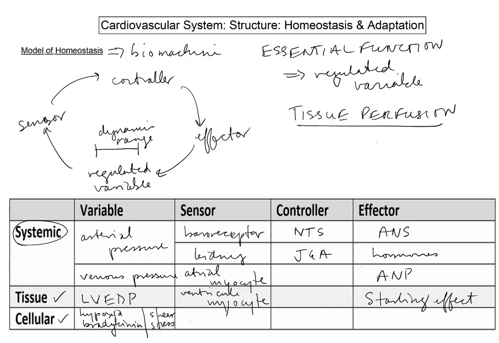And the sensor cell for all of this is the endothelial cell. And it locally then can release signals such as nitric oxide, prostaglandins, and endothelin that are all going to be regulated by the smooth muscle cell, which is going to respond by contracting or relaxing for vasoconstriction or vasodilation.